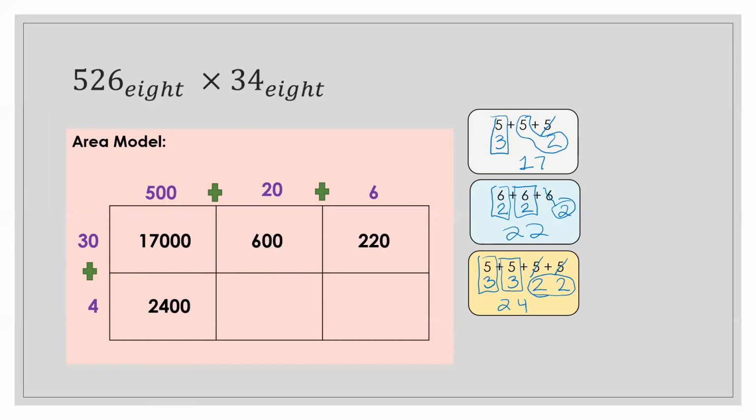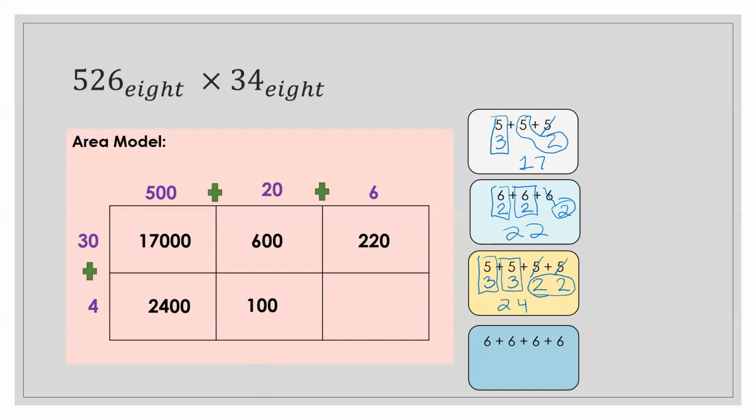Okay, and then the next one, 4 times 2 is 1 full group of 8, right? That's 2 groups of 4. That's a full group of 8. So you will have 10, and then the 0 as a placeholder. So that's 100. And the next one I'm going to need a scratch paper for. It would be 4 groups of 6.